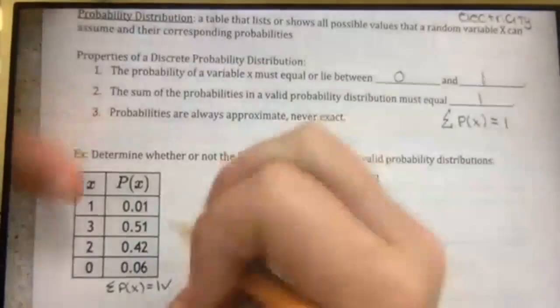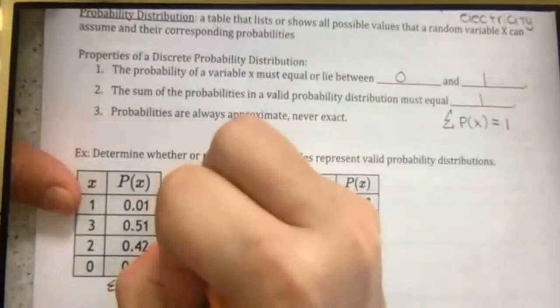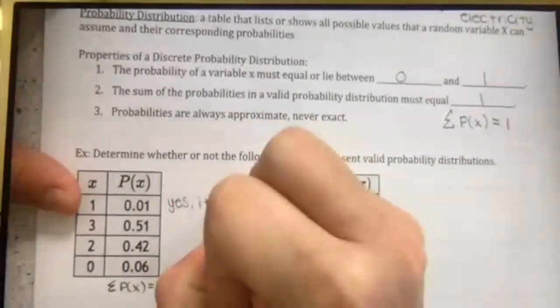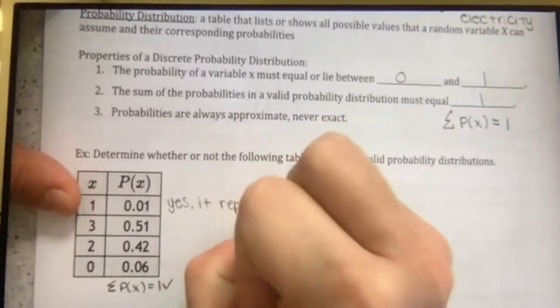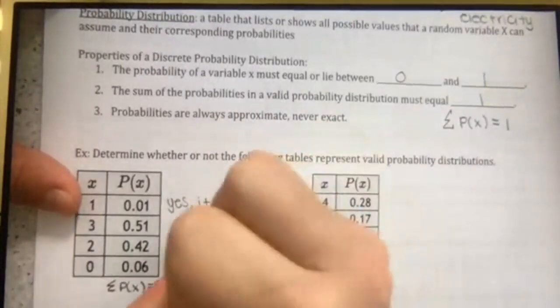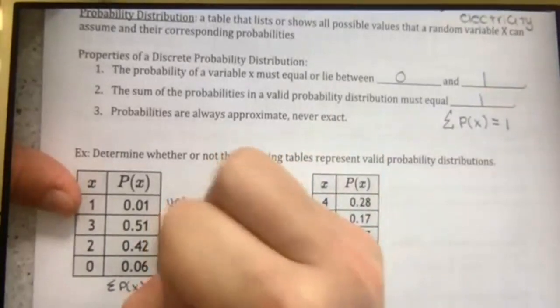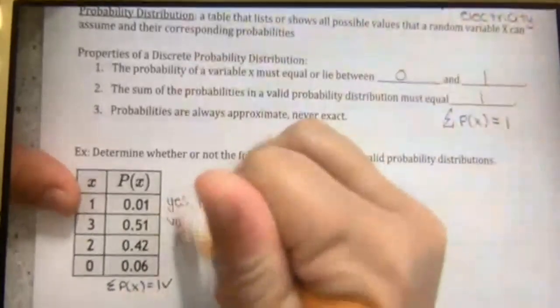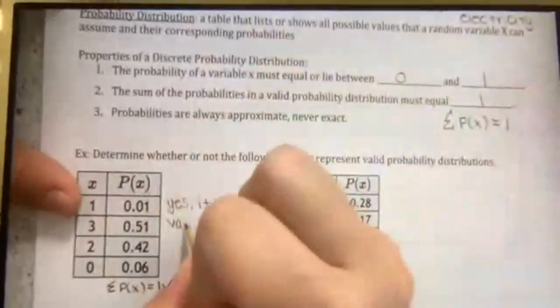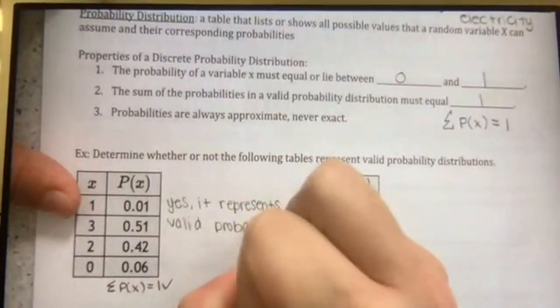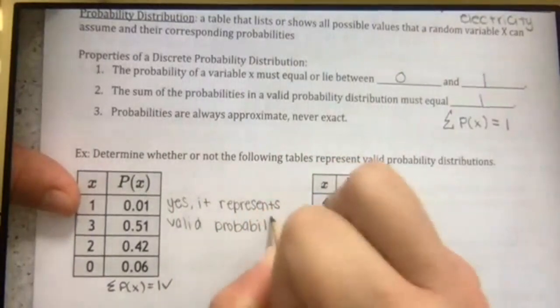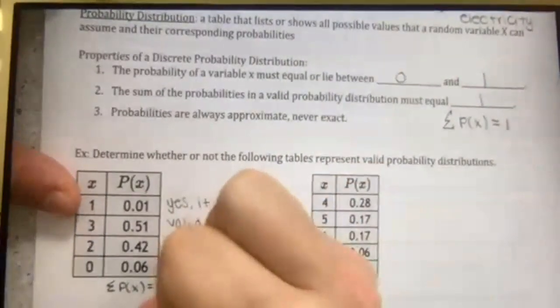So our answer is yes. It represents a valid, that's not high school valid, probability distribution.